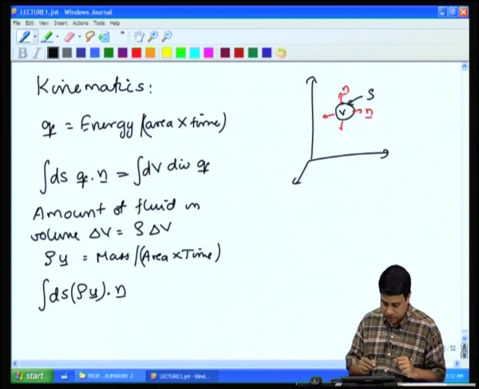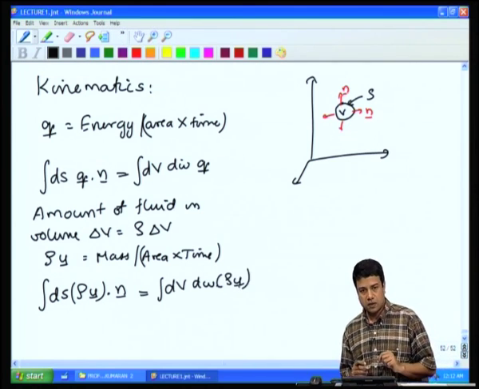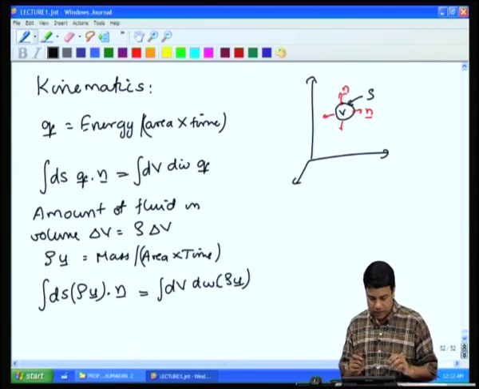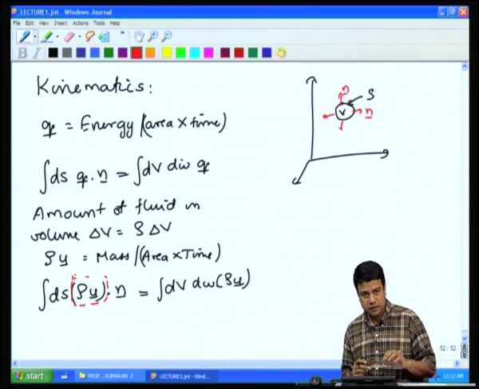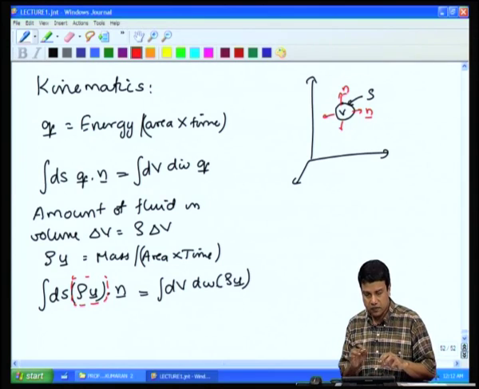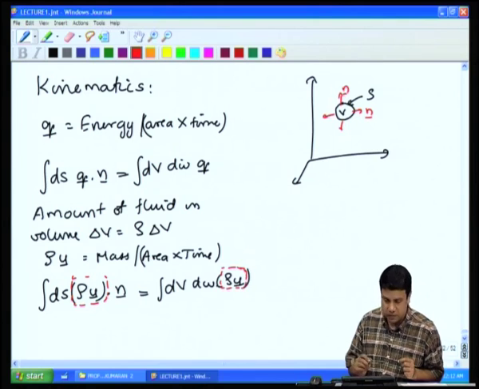And from the divergence theorem, I know that this is equal to the integral over the volume of the divergence of rho u. Note that in the divergence theorem, if I have some quantity dotted with n, the integral over the surface of something dotted with n is equal to the volume integral of the divergence of that whole thing. Okay, you cannot just take the divergence of part of that.